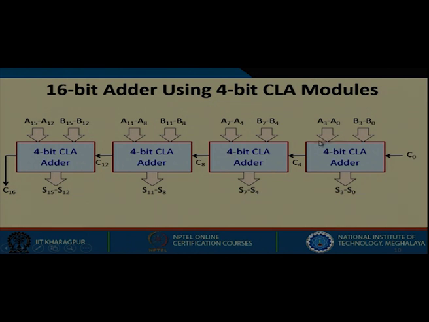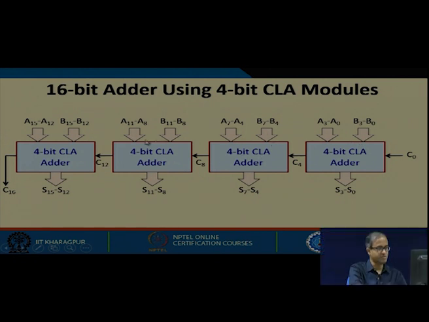So one alternative is to have 4-bit carry look ahead adder modules as the basic building block, just like the ones we have designed. They will take 8 delta times for addition, and you chain them like a ripple counter between these stages. So this is a mix of carry look ahead and ripple carry adder.